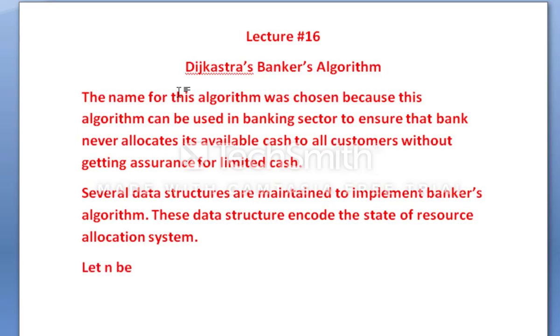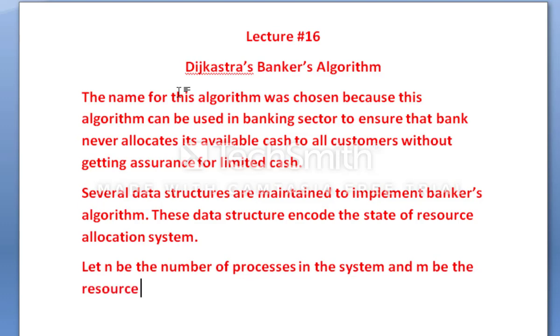Let n be the number of processes. We can have n number of processes in the system, and m be the resource type. Here resource type indicates we can have a number of instances of one type of resource, right?